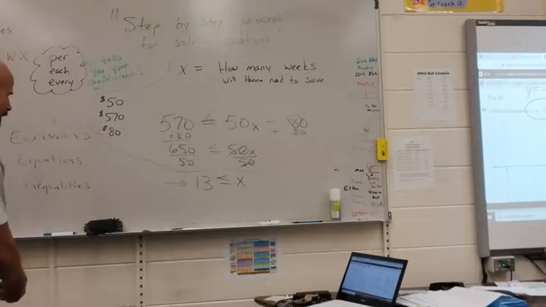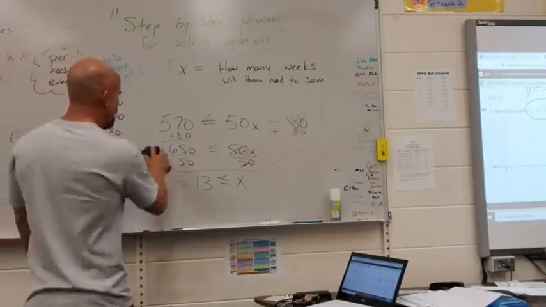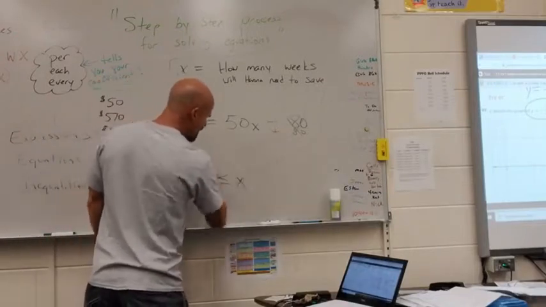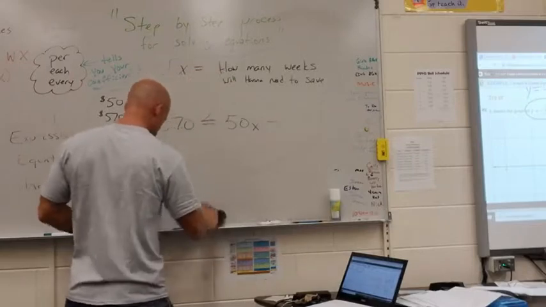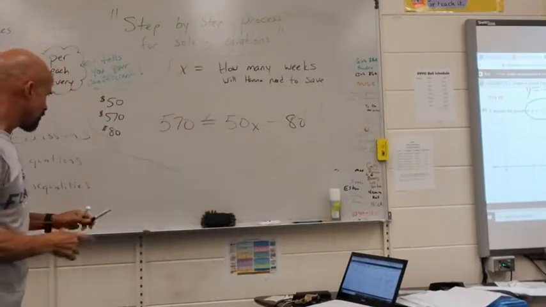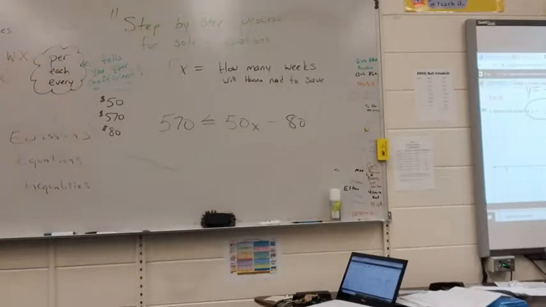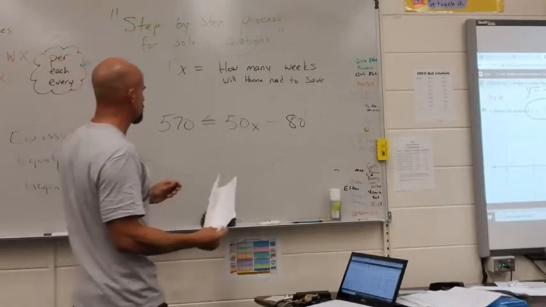Here's what you're really doing when you're doing that, and some of you may like this way better. If we go back to this problem right here, we actually solved some of these in the beginning of the year. You remember when I used these little question mark things? I said, let's think about how to solve this.